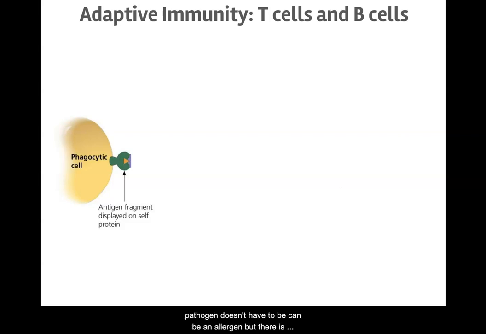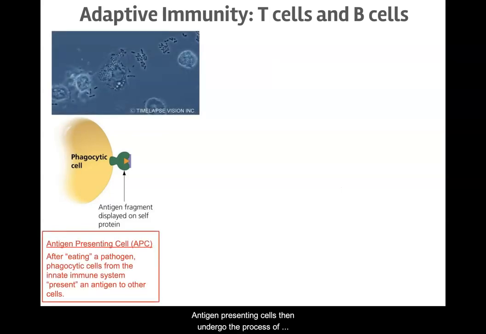Most likely a pathogen, though it doesn't have to be, it can be an allergen, but there's a molecule on the surface of those guys. We call this an antigen. Antigen-presenting cells then undergo phagocytosis, that's cellular eating. I can see this cell engulfing the surrounding bacteria. We've seen this cell before, operating during the blood lecture.